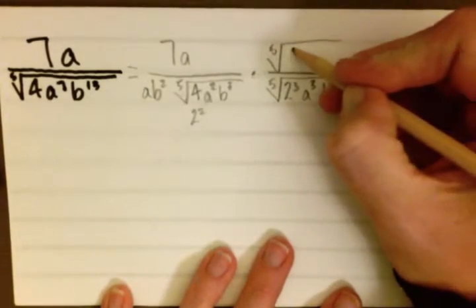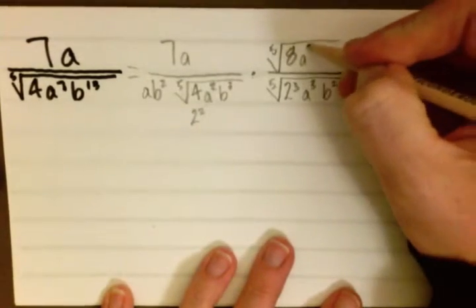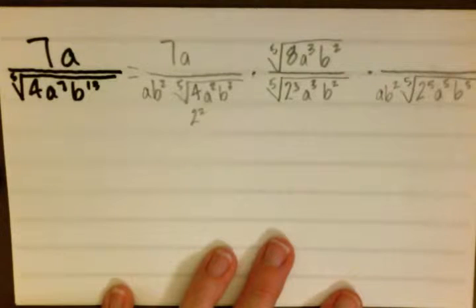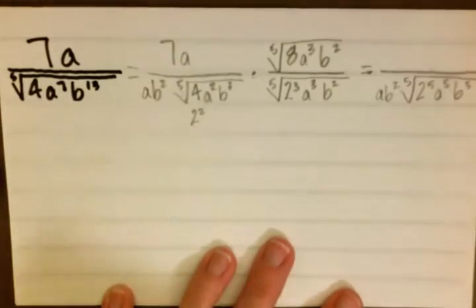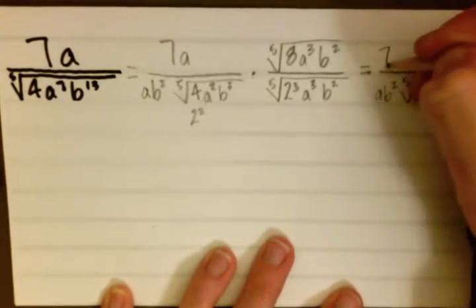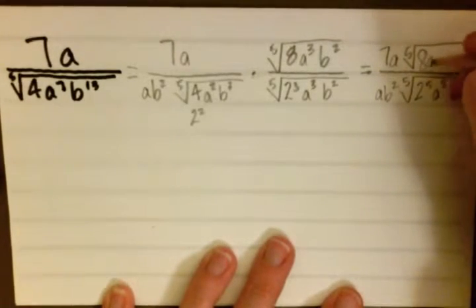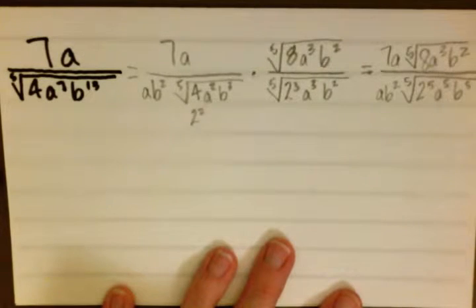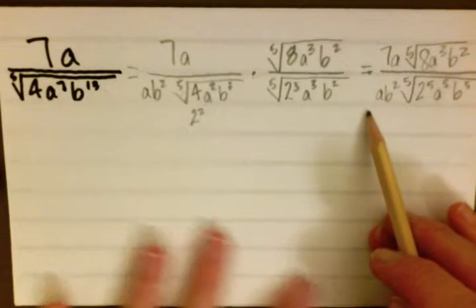Now 2 cubed is 8, and then we have a cubed and b squared. Alright, and when we multiply those together, we're going to have 7a fifth root of 8a cubed b squared. Okay, so this is now what we're looking at.